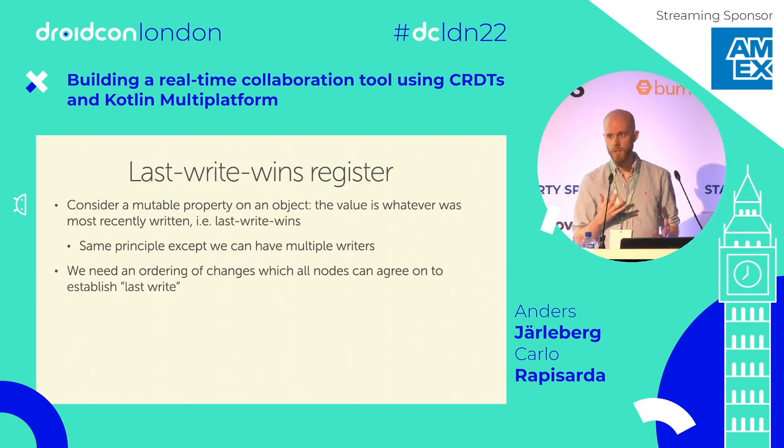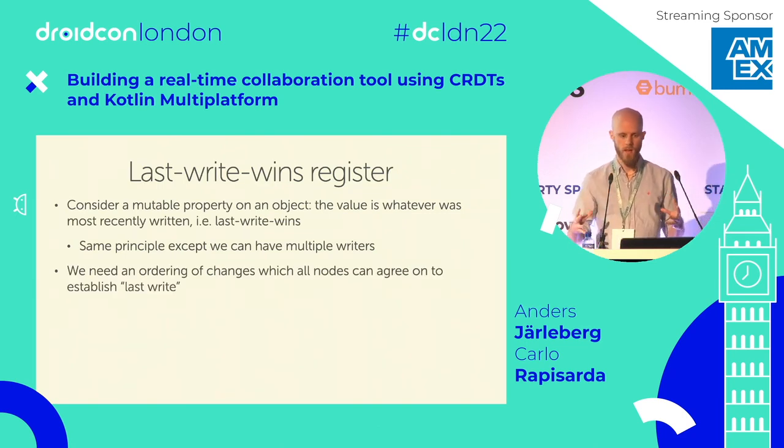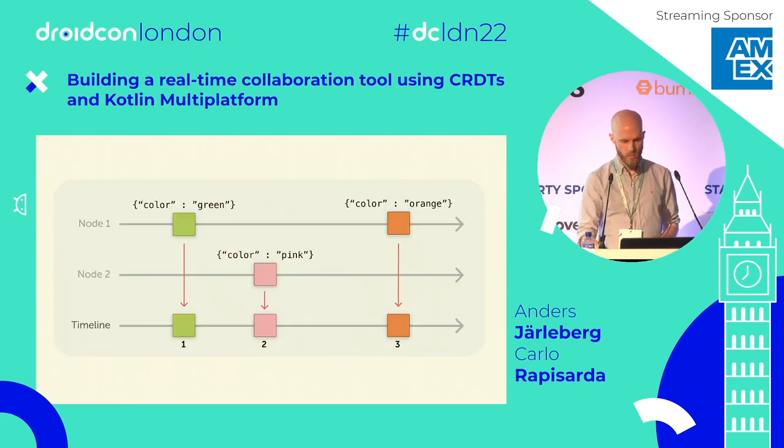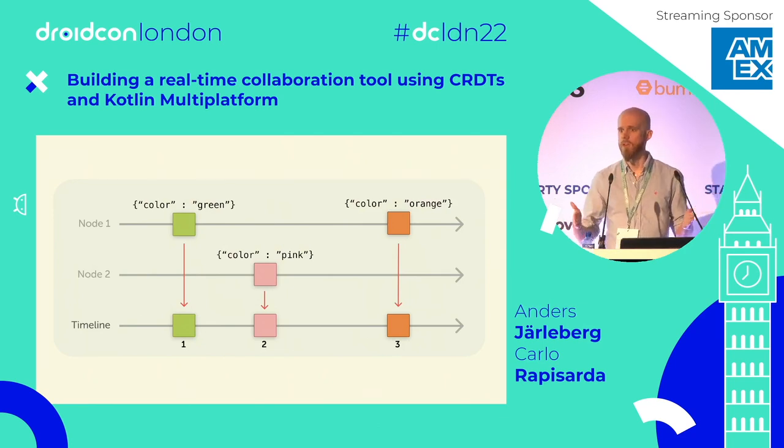To do this, we need an ordering of changes so that all the nodes can agree what was actually the last write. Essentially, we want something like this, where we can construct a timeline that is the same in all the nodes, so that we can all agree on, yes, this happened, and this happened, and this happened. So in this example, the color should be orange because that was the last thing that happened in our timeline.